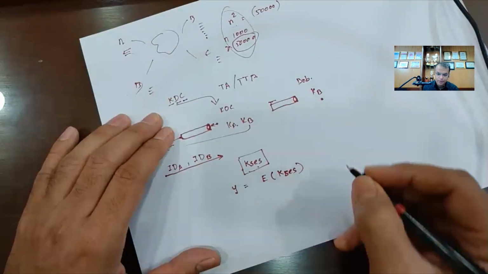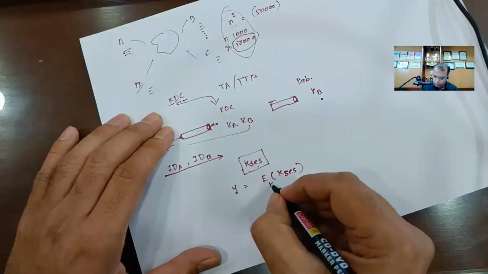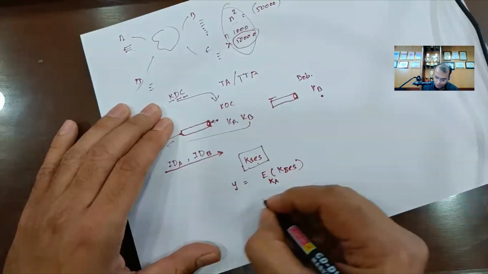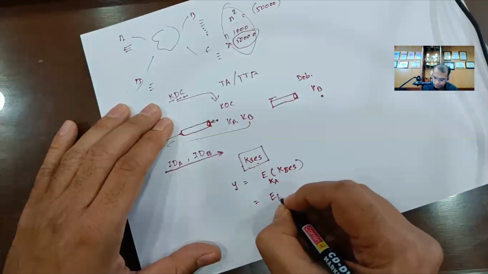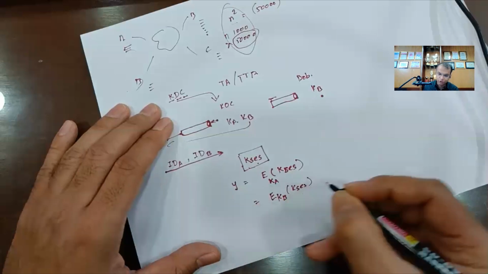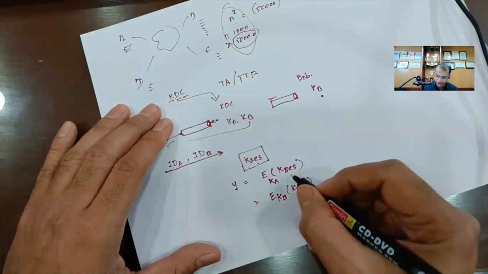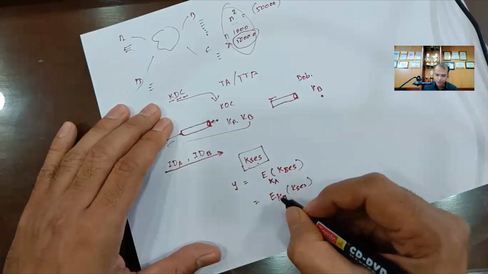But it will use KA, and it will also use KB. So what KDC is doing, it is encrypting the K session key using both the keys, both the private keys.